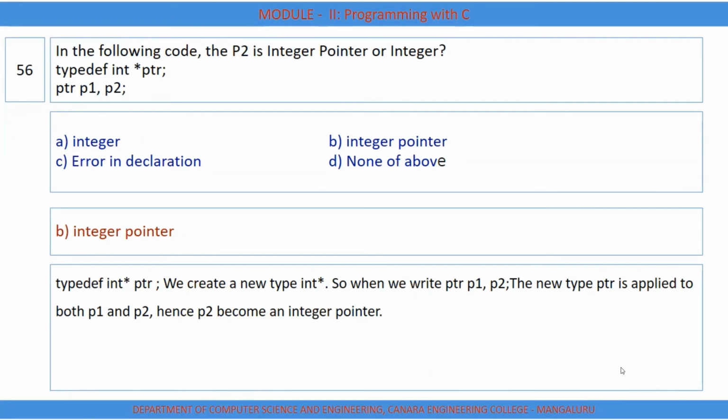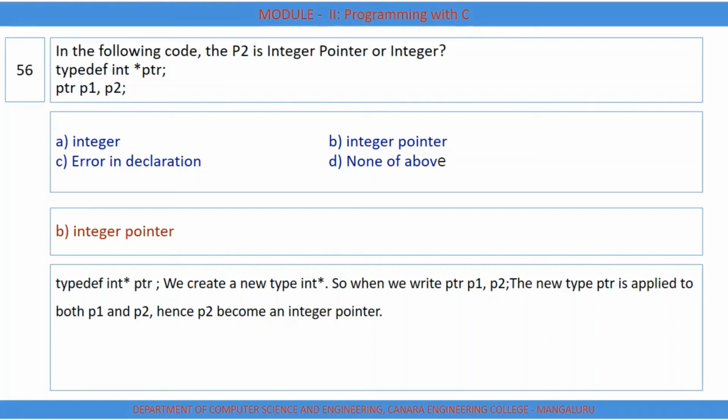In the code, is P2 an integer pointer or an integer? typedef int star pointer; pointer P1, P2. Option A, integer. Option B, integer pointer. Option C, error in declaration. Option D, none of the above.